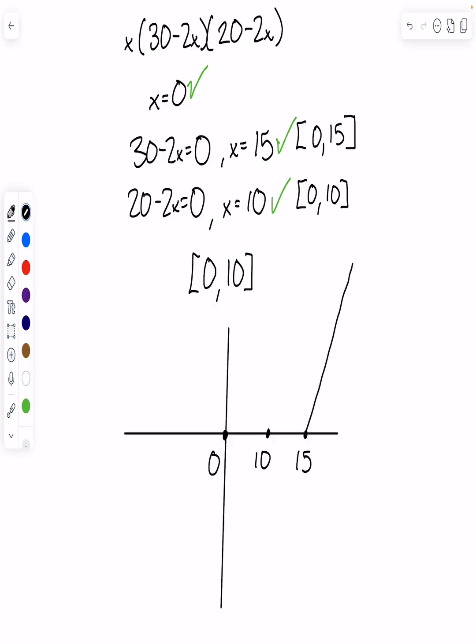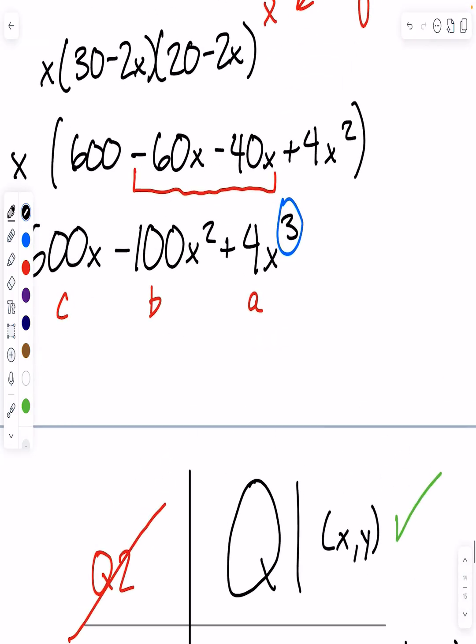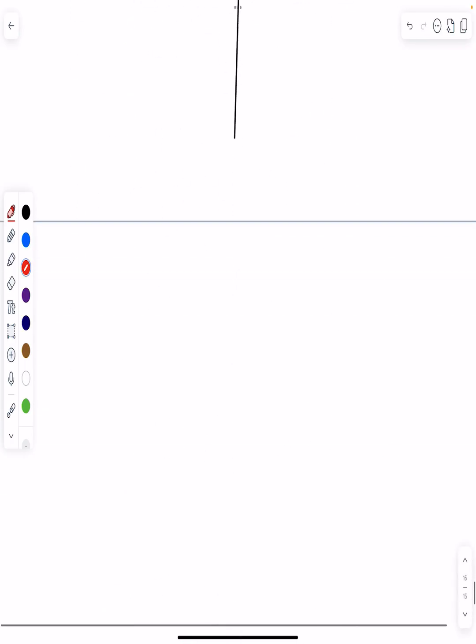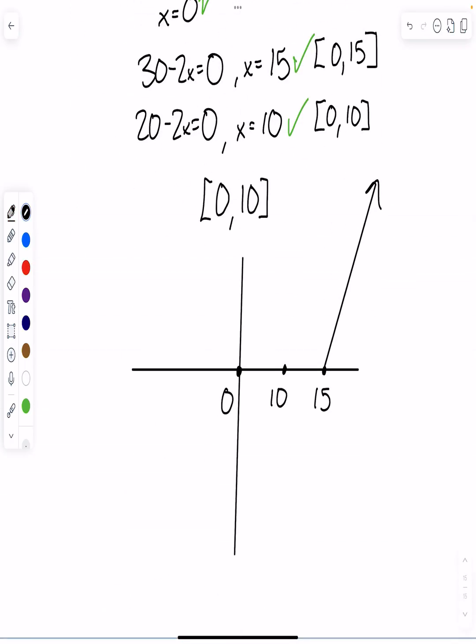My end behavior must be positive, because my a value is in fact greater than 0. And so my function more than likely looks like this, right? More than likely looks like that.